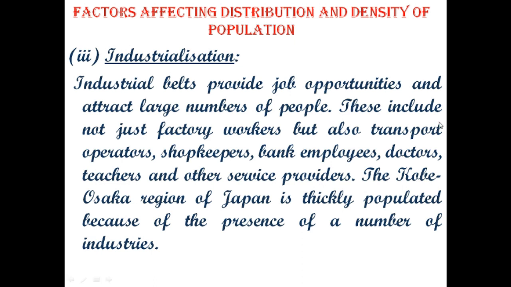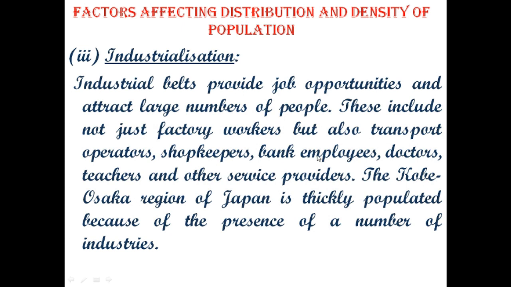And these include not only factory workers but also transport operators, because we know that a good transport system is required for industrialization, shopkeepers, bank employees, doctors, teachers, and other service providers.